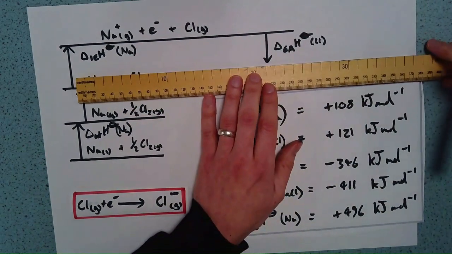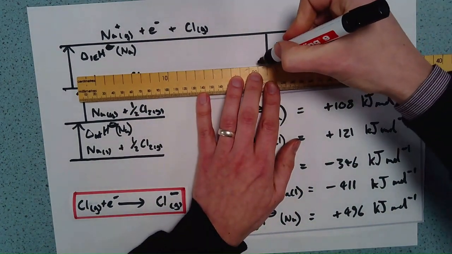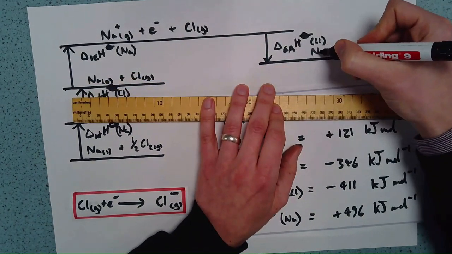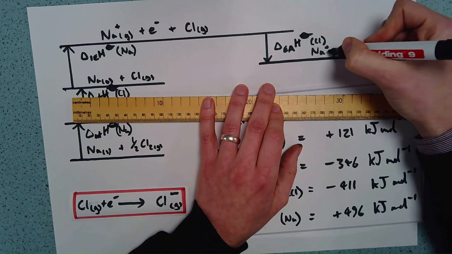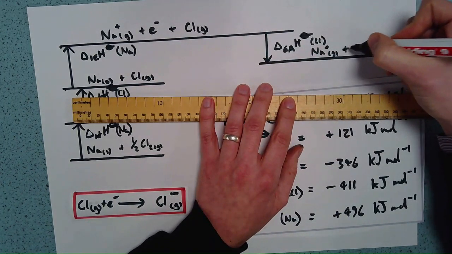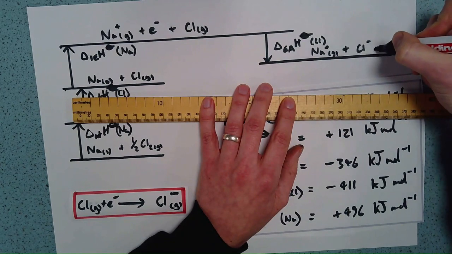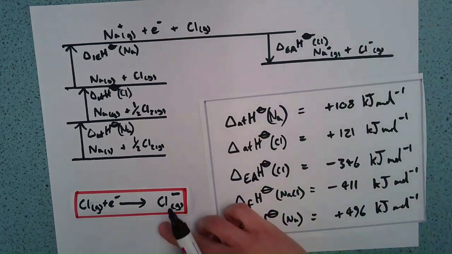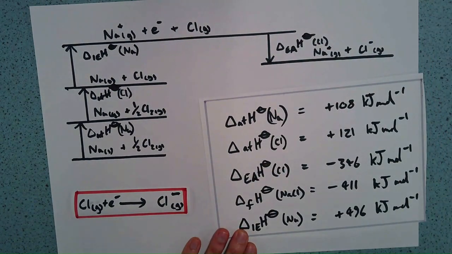And that's going to change us into, we've still got our sodium ion, Na plus gas. We've now put our electron onto the chlorine, so we've got Cl minus gas. Okay, and that is that change there.